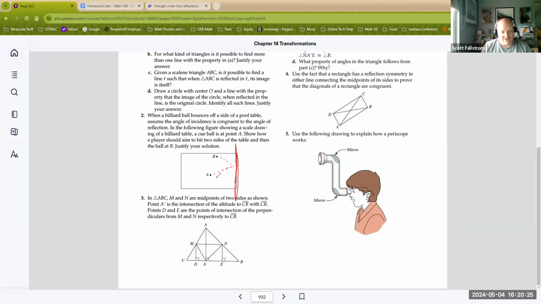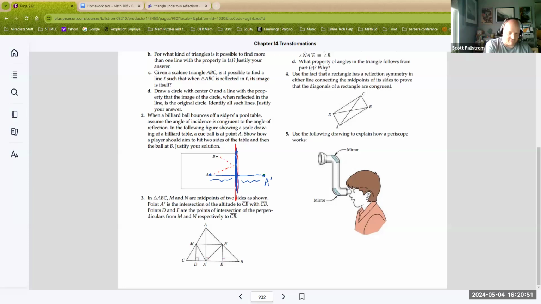So what I actually do is I take point A and I reflect it across this line, so that this length and this length are exactly the same. Then I can draw a line from A prime up to B.